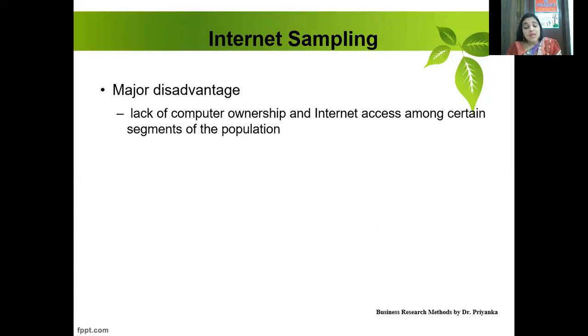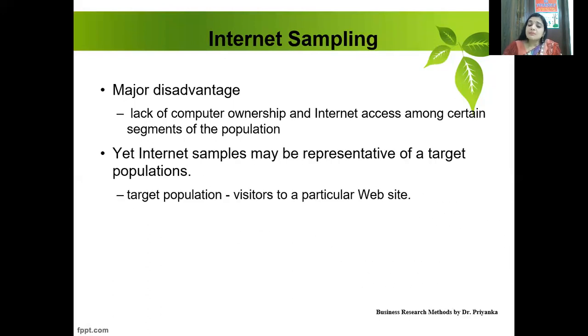So your population in case of your research study should be such that they all are actually using internet. Otherwise your results would not be able to represent the whole population of the study. Yet internet samples may be representative of a target population, like visitors to a particular website.